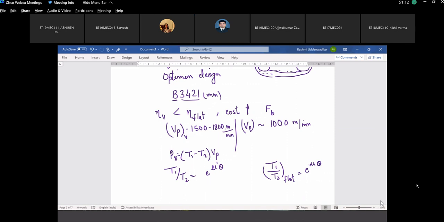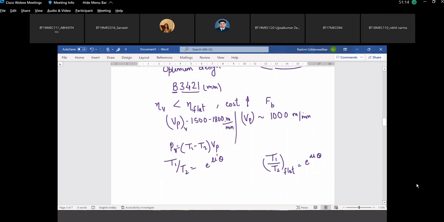So it is seen that the power transmission capacity for V belt as compared to the flat belt is roughly in the range of 1 upon sine alpha by 2. And this value comes out to be almost 3.5 times. Let's see how it comes out to be 3.5 times.